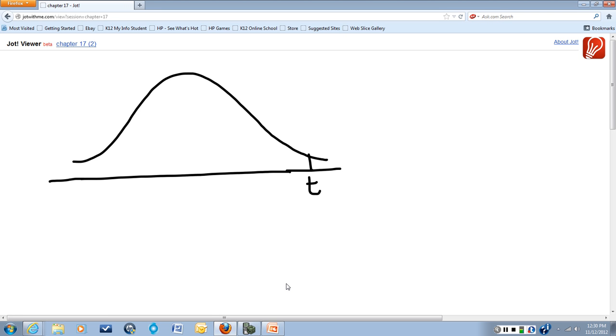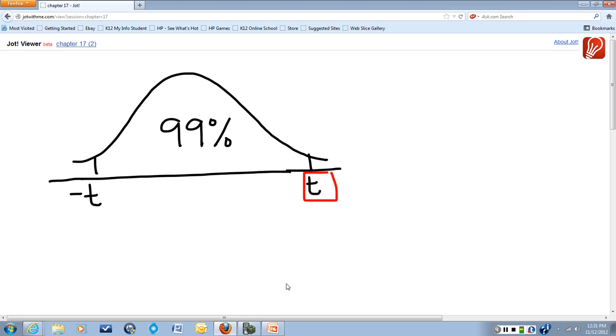That's this t value right here that corresponds to having 99% fall between it and its counterpart, because this is a symmetric distribution, its counterpart on the negative end.